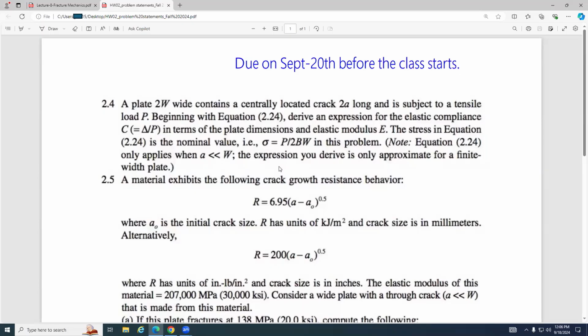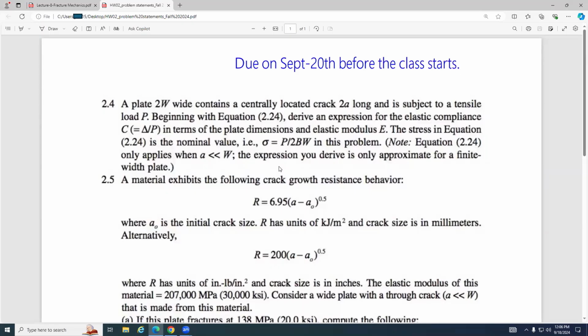And finally, we have the relationship between the energy release rate and the derivative of C, where C is compliance, with respect to the crack length.